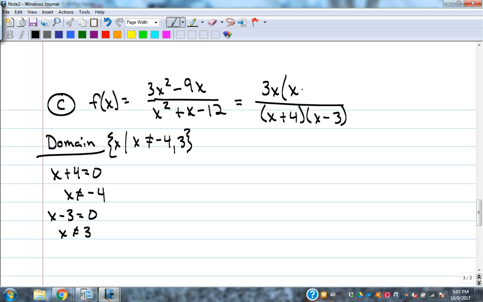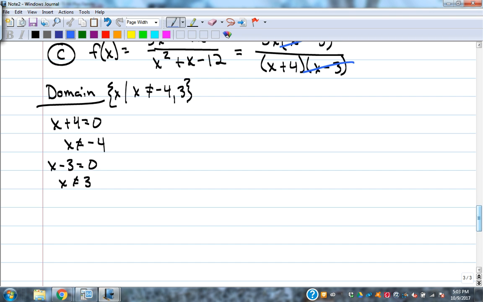And that would leave x minus 3 in parentheses. So we would get some cancellation happening there. Okay, so those cancel, which creates a what? Hole at x equals 3, right?